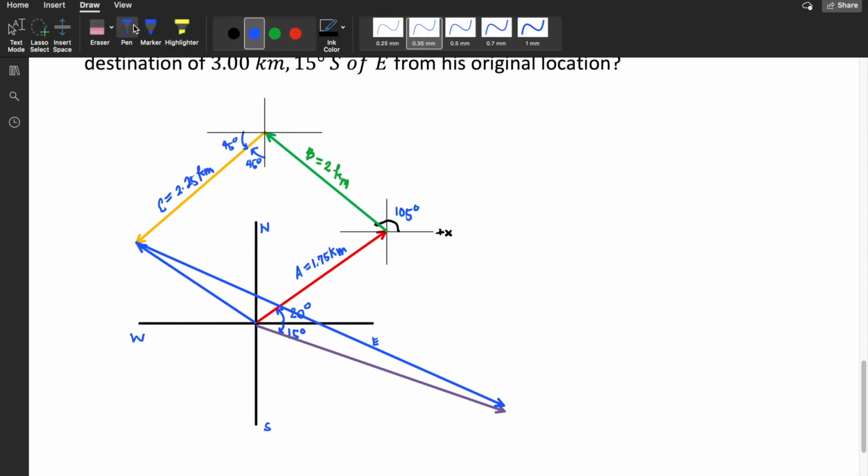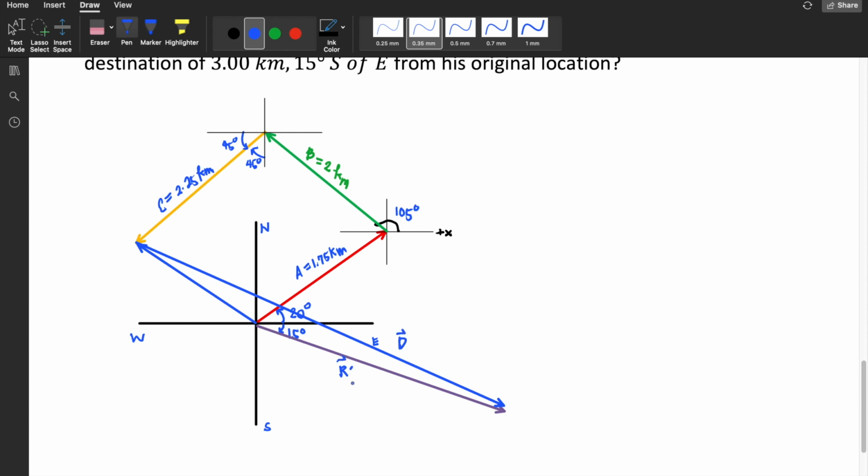We forgot to name the following vectors. This purple vector we'll name R prime, and this blue vector here we'll name the D vector.